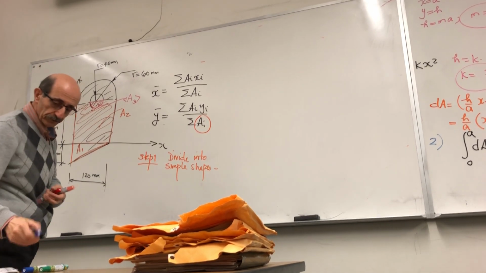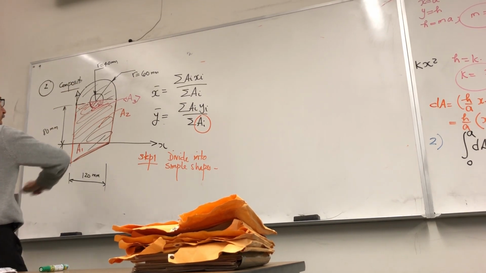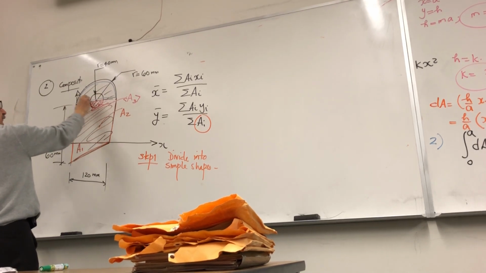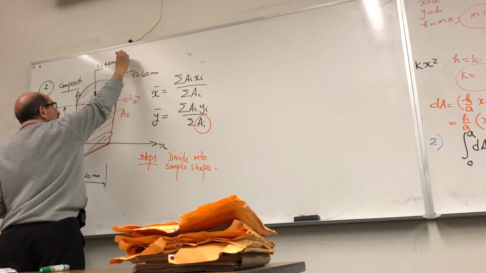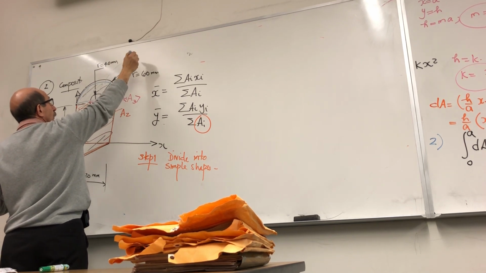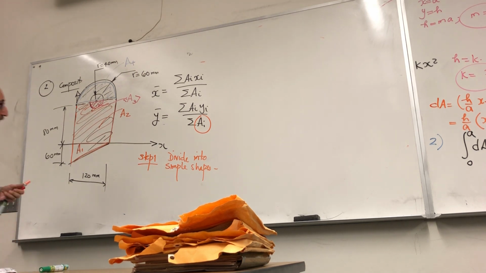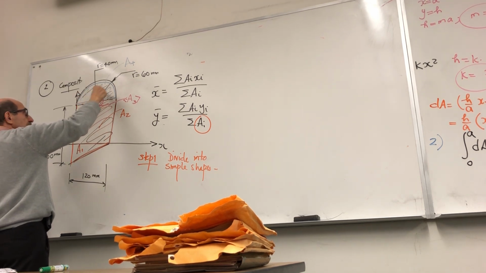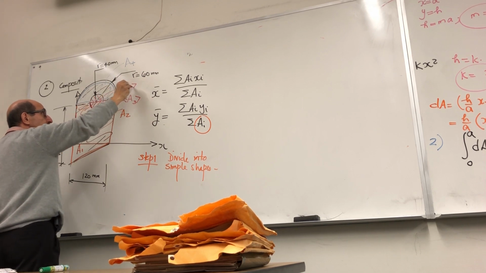Then I will consider, say, this area, this half a circle as A4, and from that area, again, this little half a circle has been cut out. I consider that as A5, and it is going to be negative.